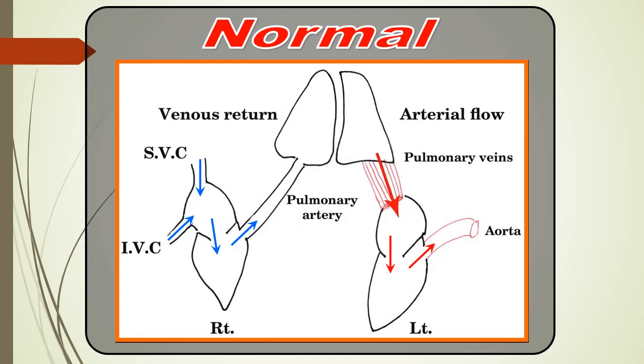The blood here is oxygenated, and then goes to the left ventricle, and then to the aorta to go to all parts of the body. This is a normal circulation.